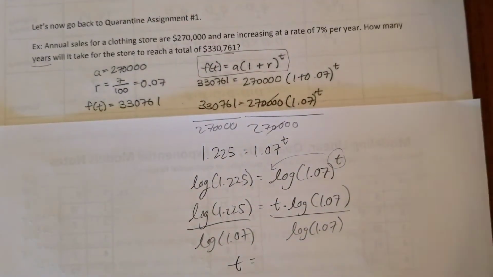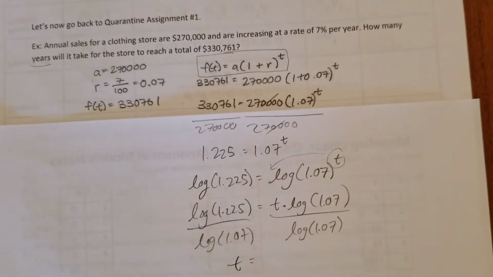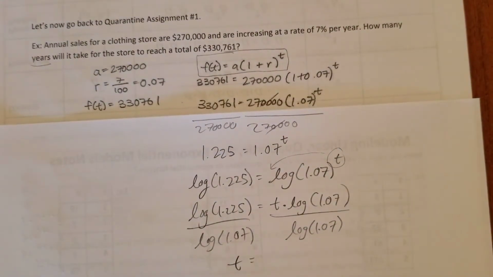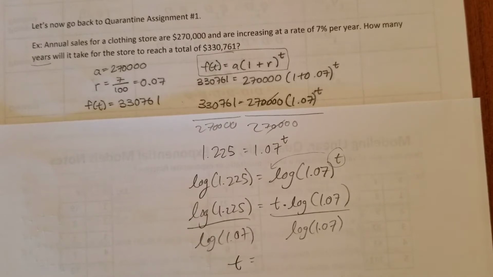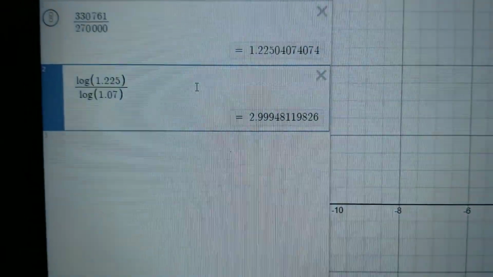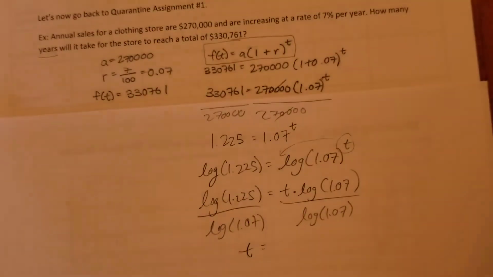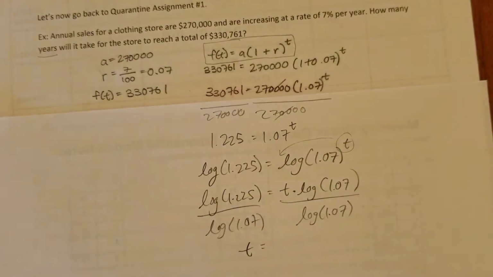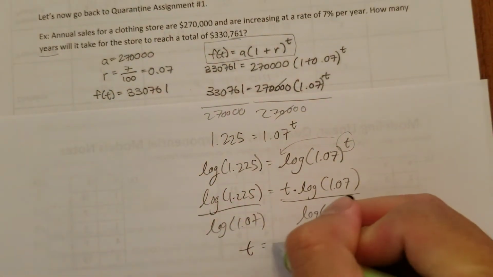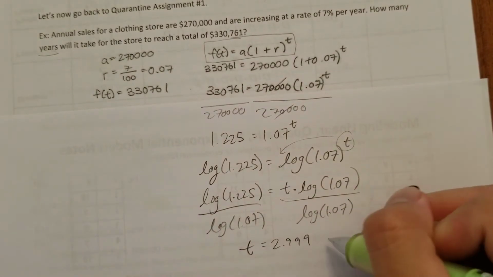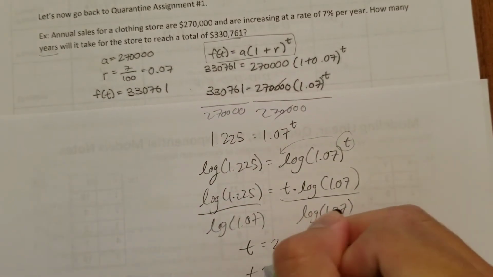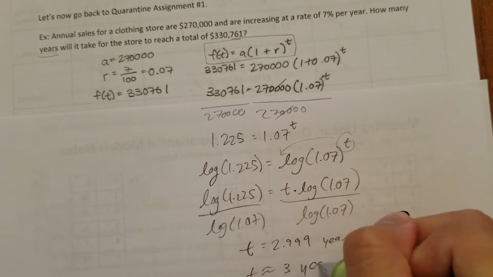I'm going to do that real fast, showing you using Desmos. Log of 1.225 divided by log of 1.07. My output is that t is about 2.999 years, so t is approximately 3 years.